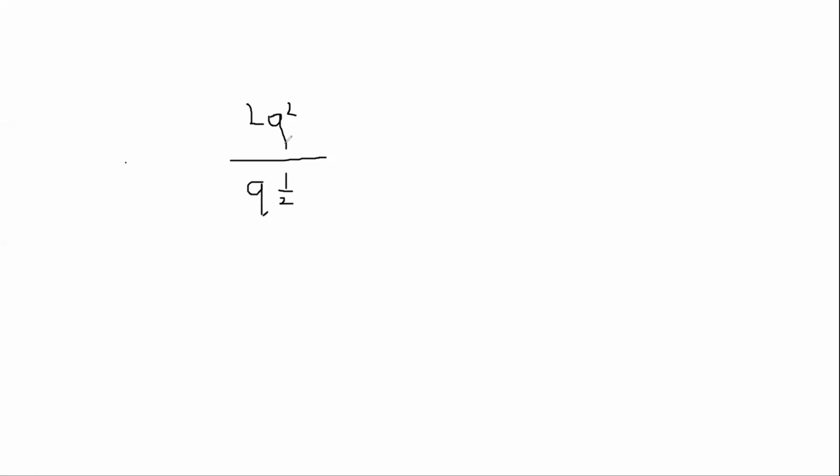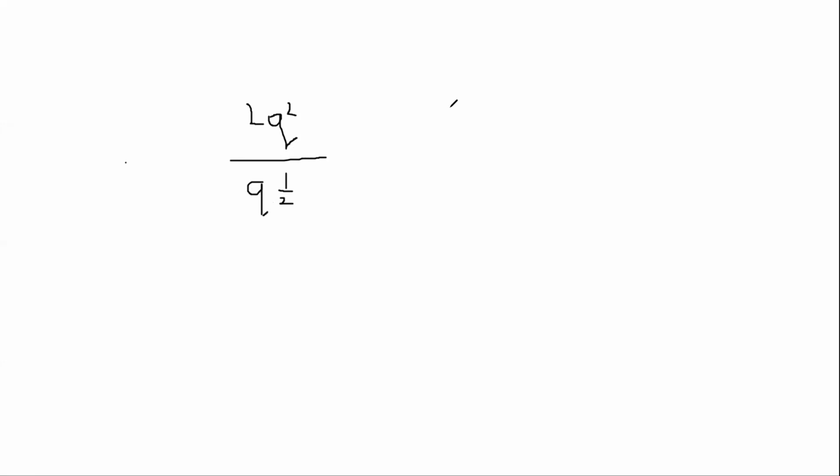Yes. Now, here we can simplify it even further, as a division between two numbers or letters, here being q, which are the same, would be a subtraction of their indices.